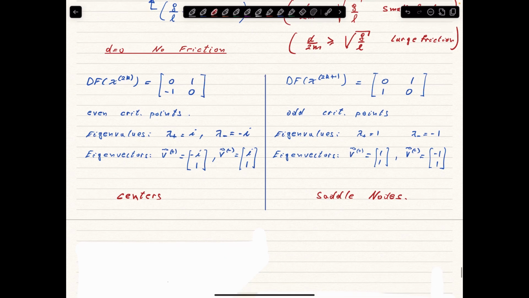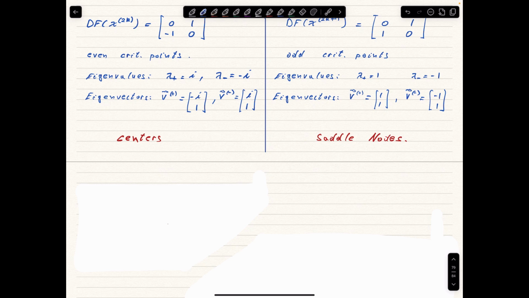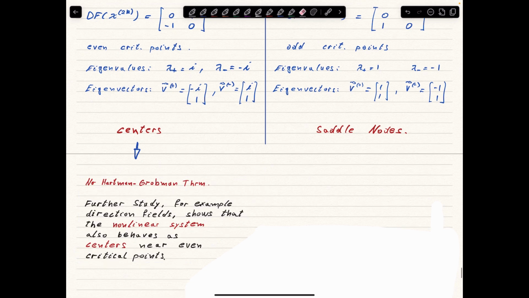All right, now we have a problem with the centers, because our main theorem, the Hartman-Grobman theorem, does not give us any information about the nonlinear system if the linearization has centers. Then there is no Hartman-Grobman theorem that we can apply.